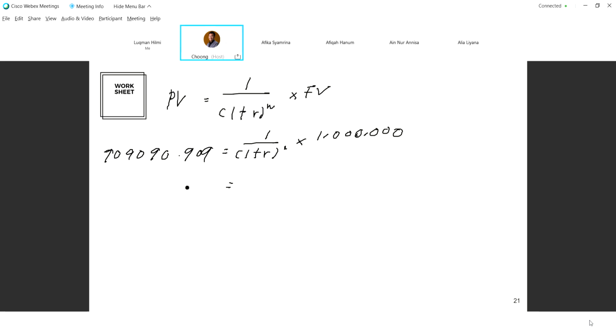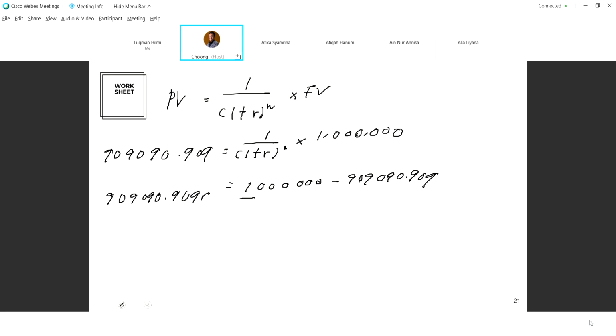And eventually you will get 909,090.9 times (1 plus R) equals your 1 million.